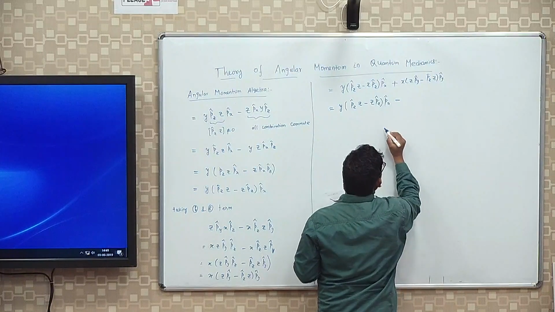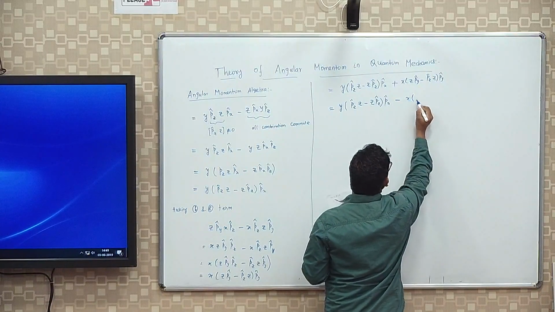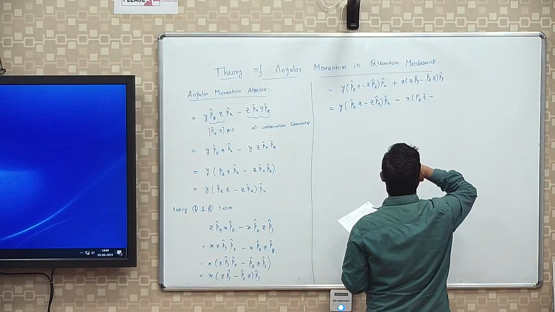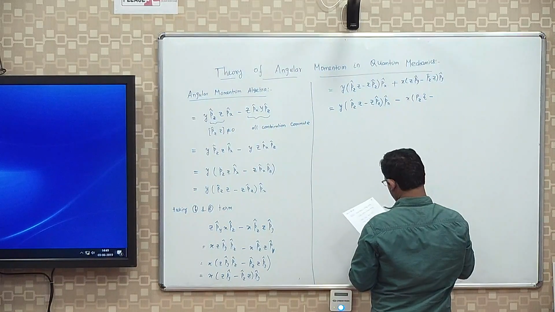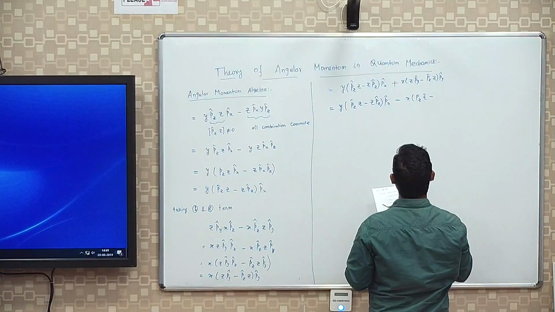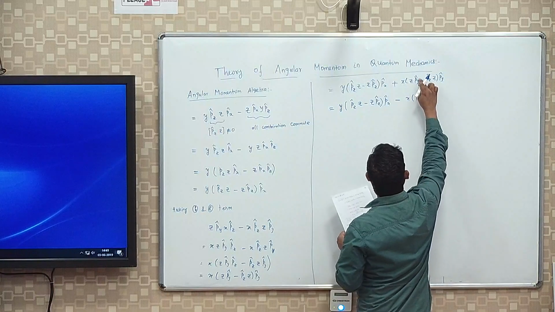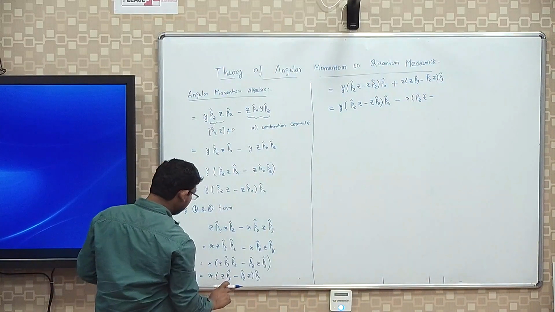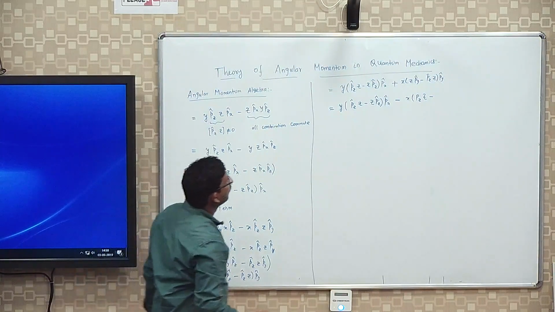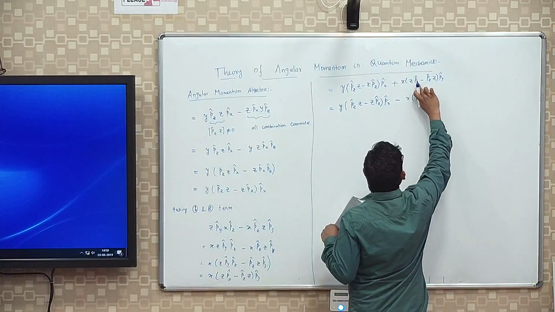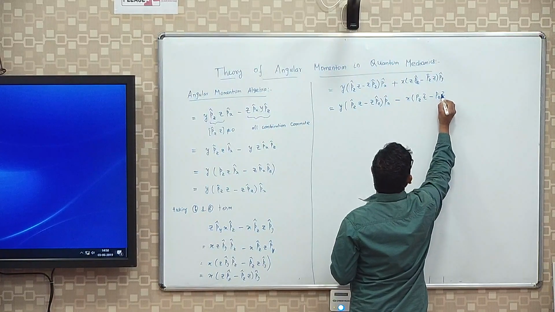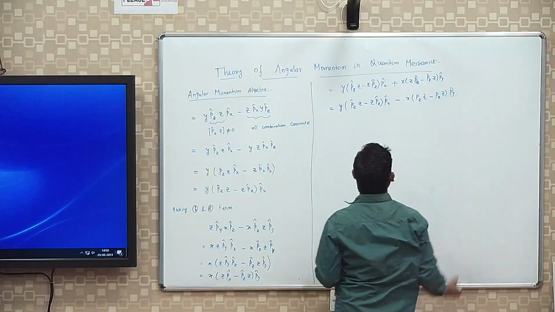So take a negative sign outside, then x pz minus pz py cap.